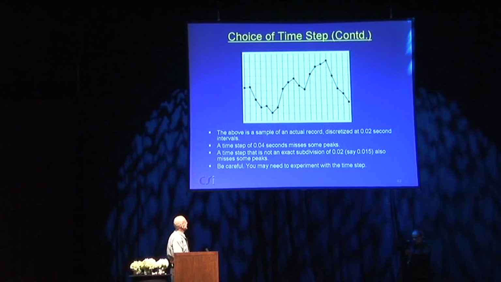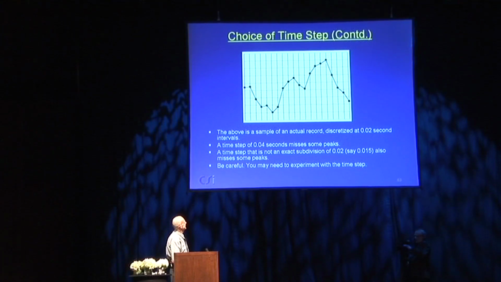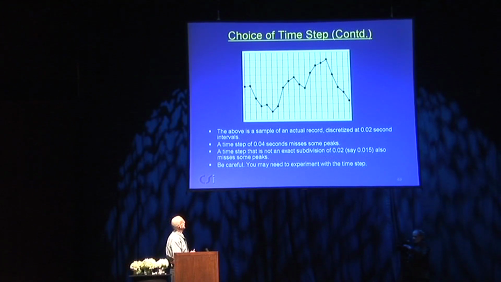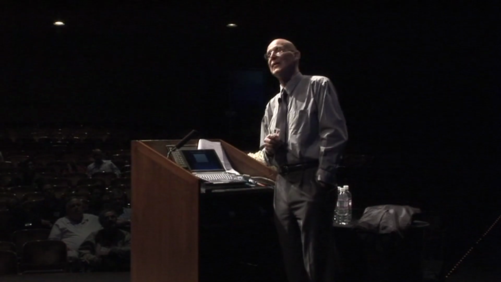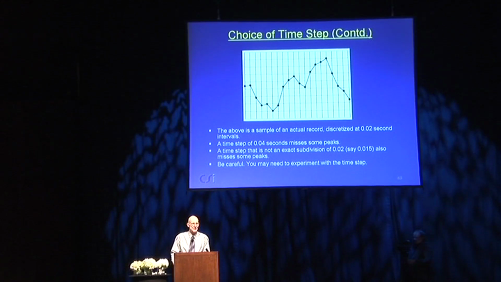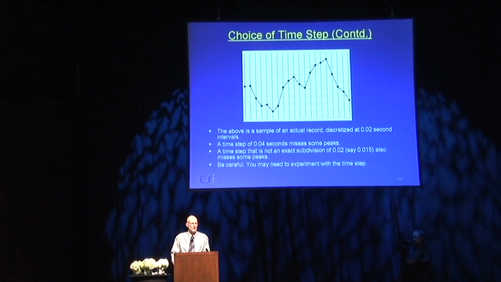You'd be missing some peaks, so you wouldn't be representing the ground motion very well. And if you were to, say, use 0.015, you might start missing some peaks as well. So be careful. You have to do two things. You have to use a small enough time step to capture the response of the structure reasonably accurately, and you have to use an appropriate time step to capture the ground motion.